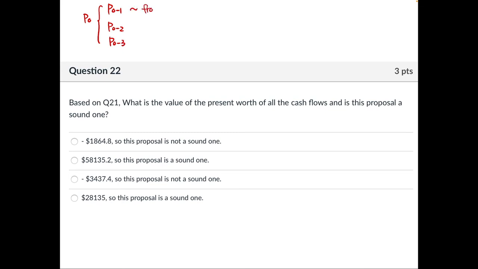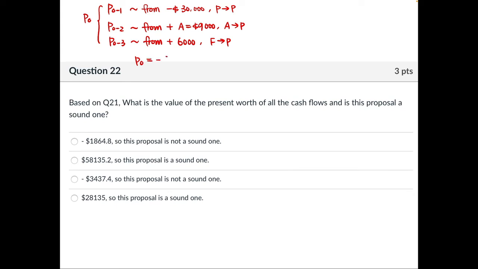The first part is from the negative 30,000 present worth, and it's to convert P to P. The second part is from the positive annuities of 9,000 every year, to convert the A to P. And the last part is from the positive 6,000 at the end, to convert future value to present value. So your P0 is the sum of all of this.